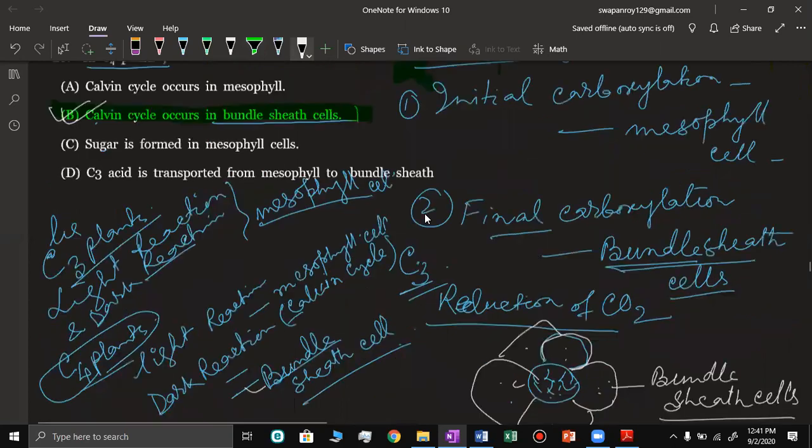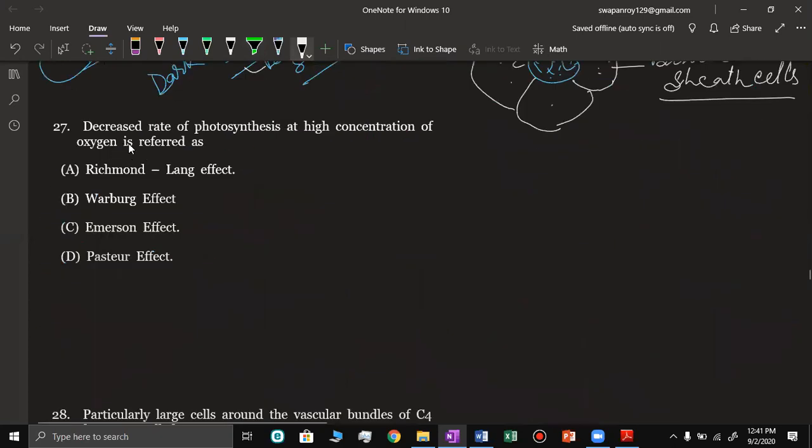Next one, decrease in the rate of photosynthesis at high concentration of oxygen is referred to as, this one is known as the Warburg effect. That is, at a high concentration of oxygen, the rate of photosynthesis is reduced.